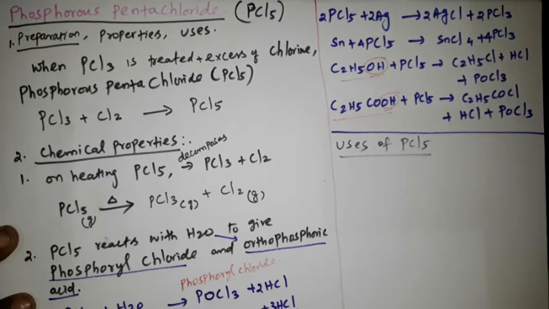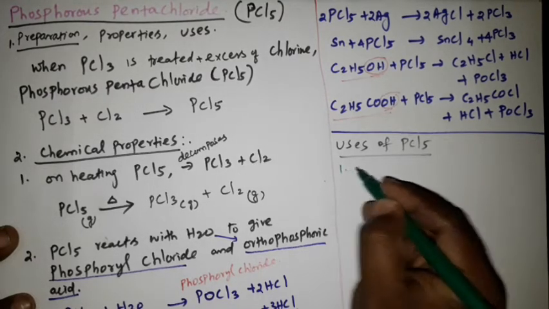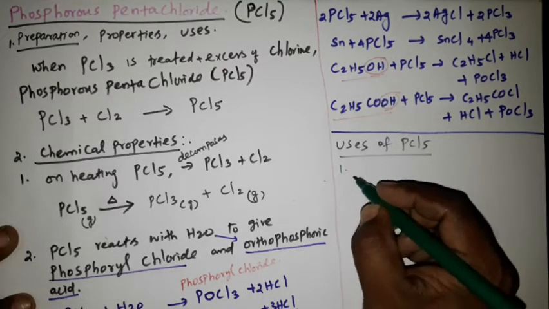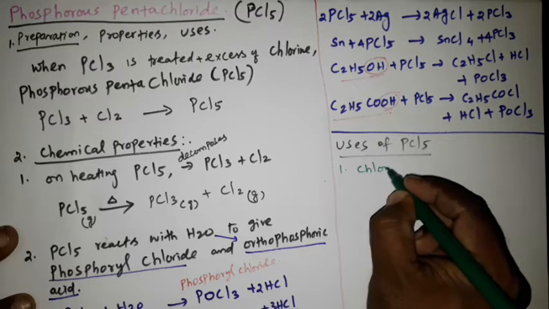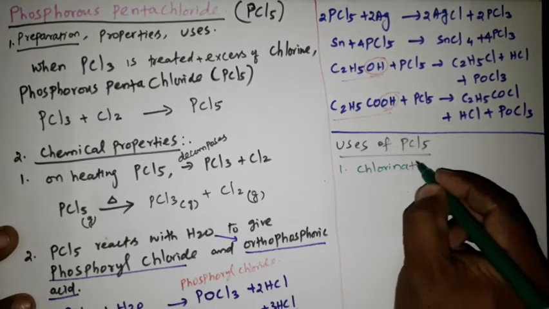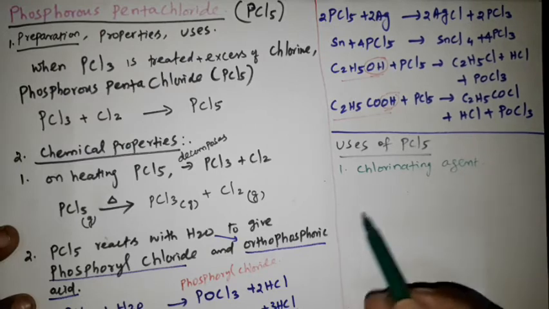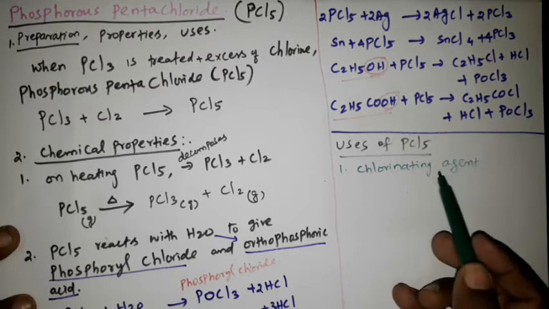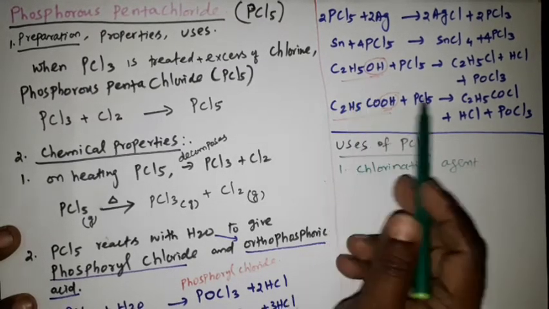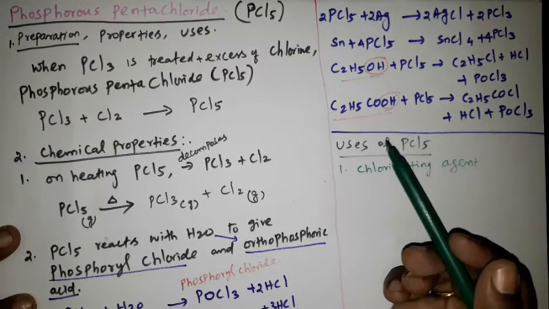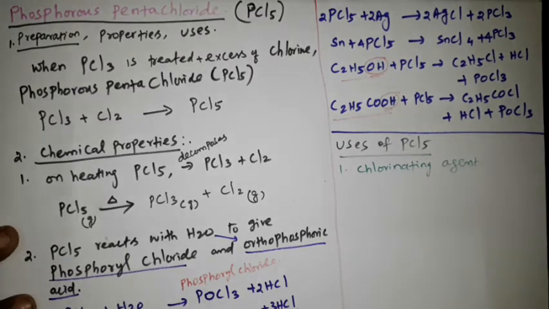So the first use, it is the chlorinating agent, mainly used for industrial purposes. See the organic compound here, it is chlorinated, so it is used as the chlorinating agent.